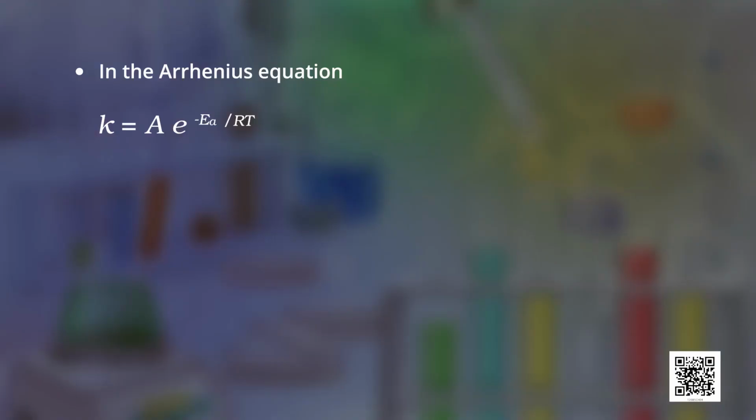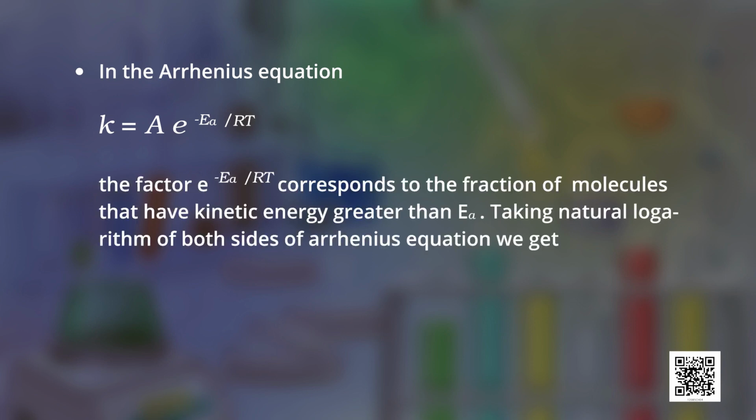In the Arrhenius equation, K equals A multiplied by e raised to the power minus Ea upon RT. The factor e raised to the power minus Ea upon RT corresponds to the fraction of molecules that have kinetic energy greater than Ea.